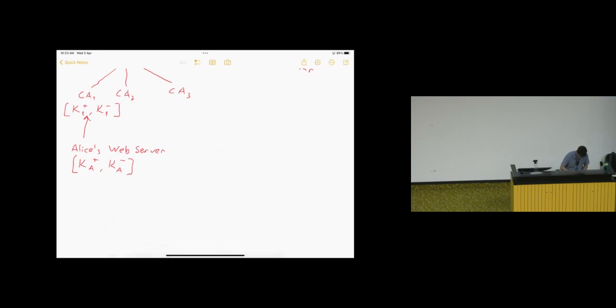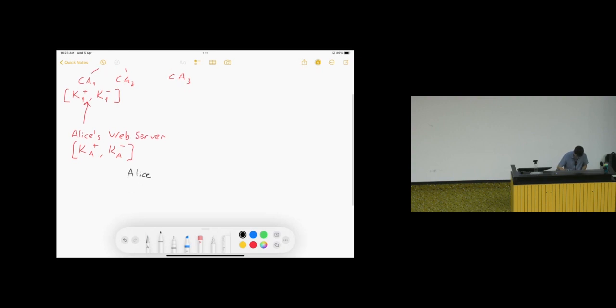So Alice will send you, let's write a little bit towards the right, so this is your browser.